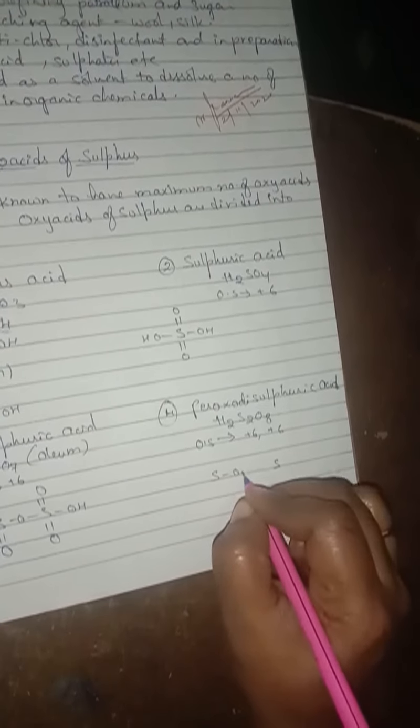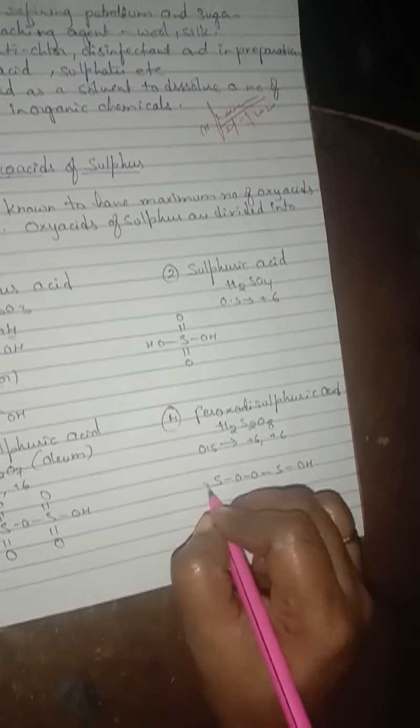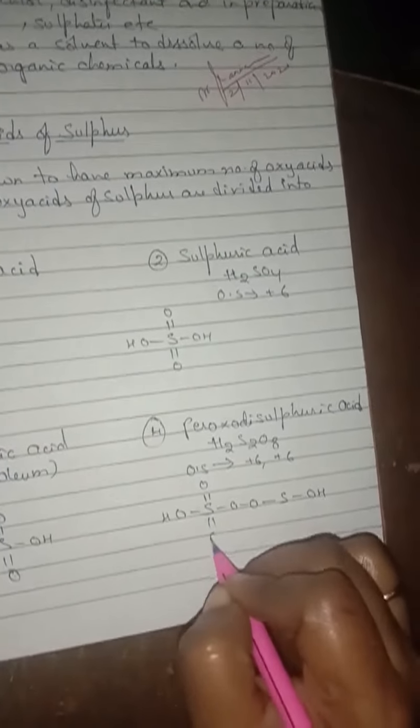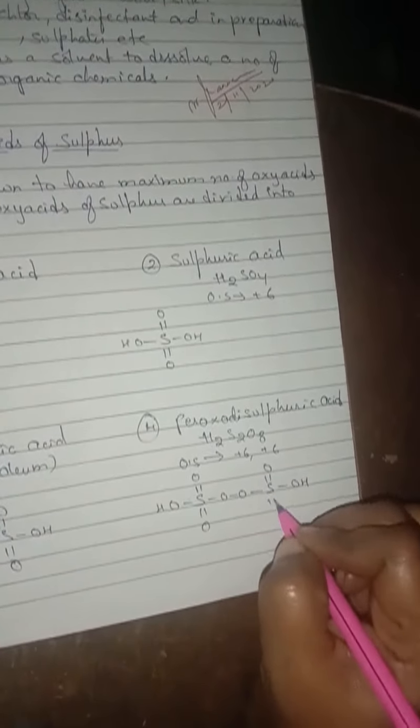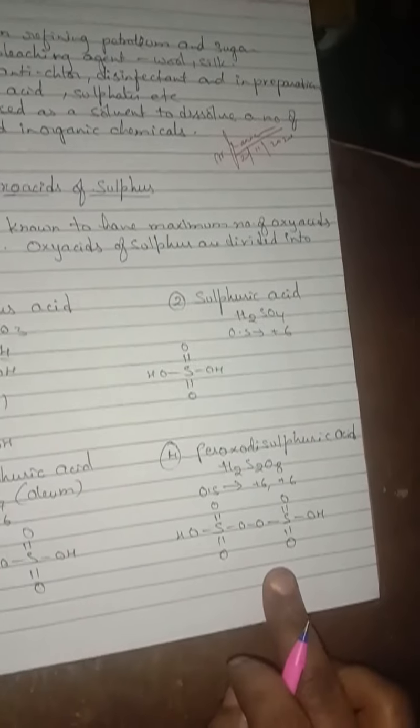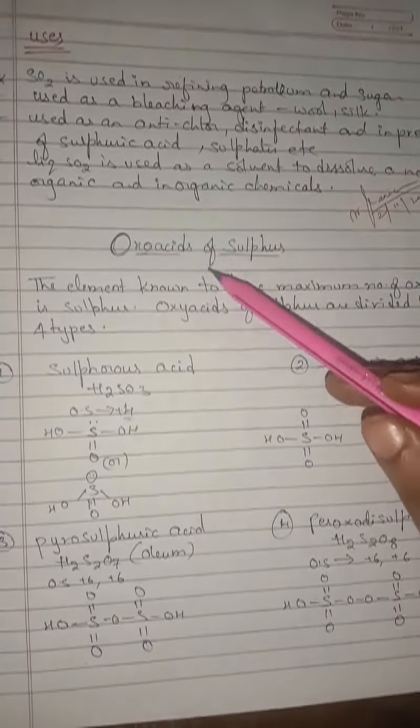In the middle 2 oxygens will come, on either side OH groups, and each sulfur is again bonded with 2 oxygens. So this is peroxodisulfuric acid.